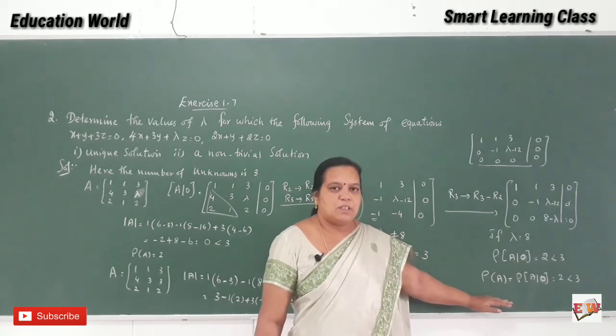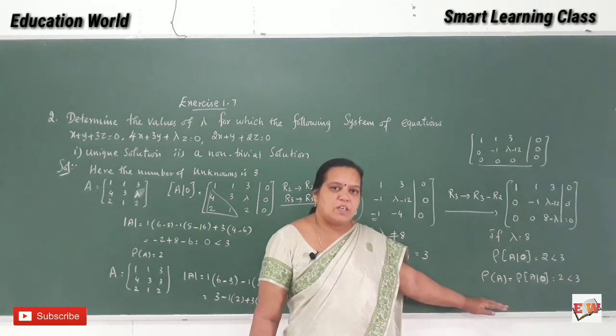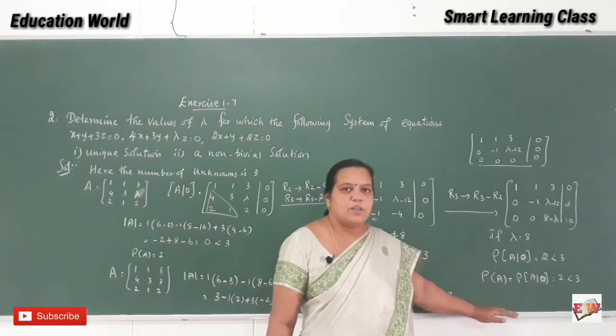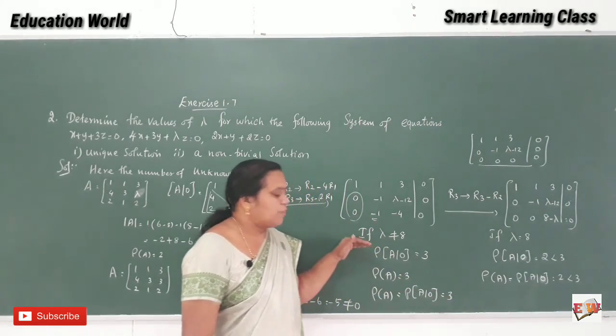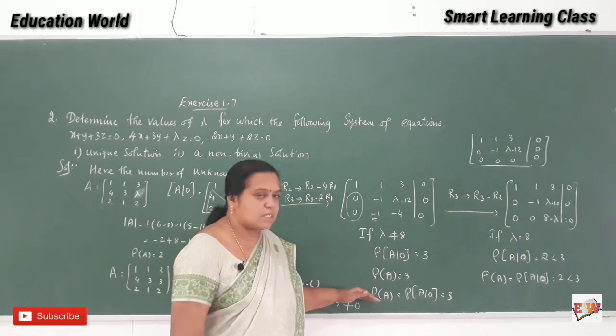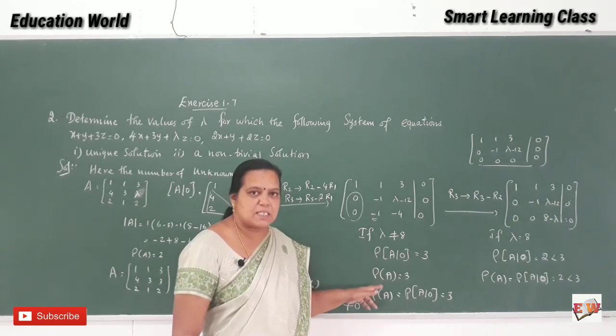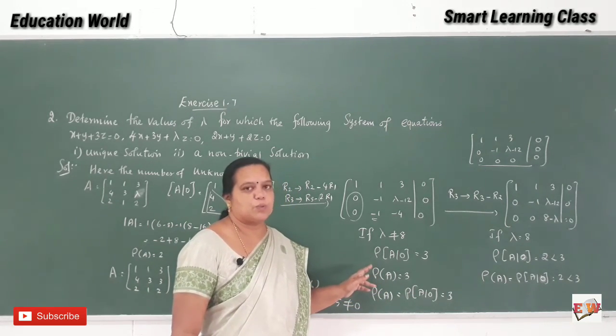So here we know the given system of equations is consistent and it has a non-trivial solution. If lambda not equal to 8, the rank of coefficient matrix and rank of augmented matrix is equal to 3, so it is consistent and it has a unique solution. Thank you.